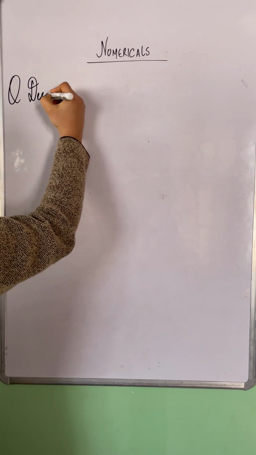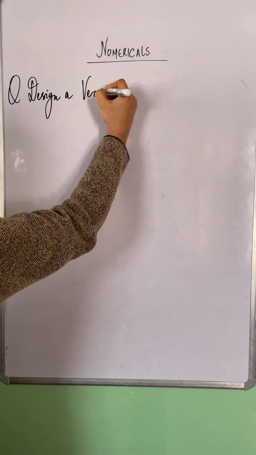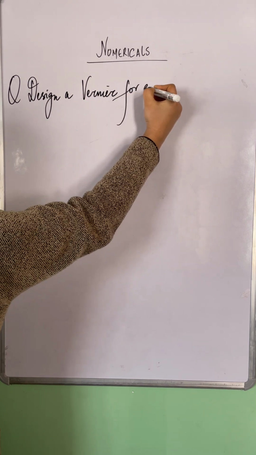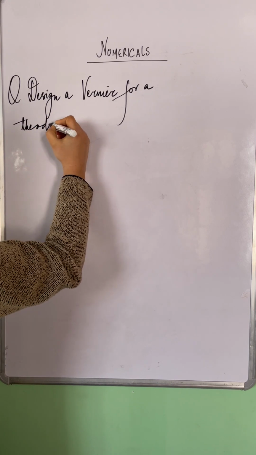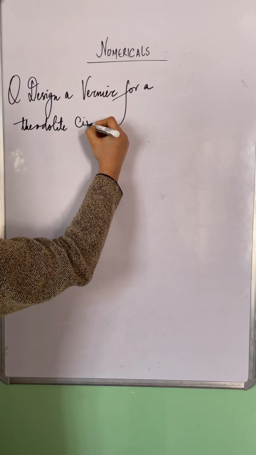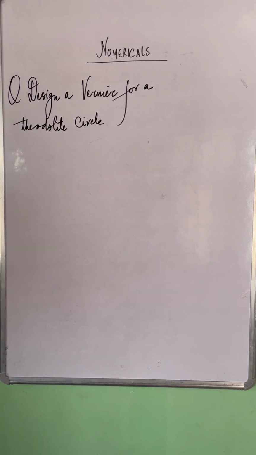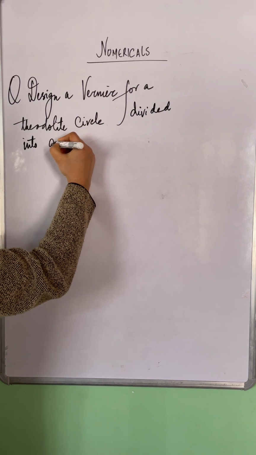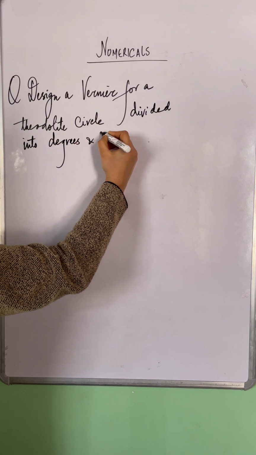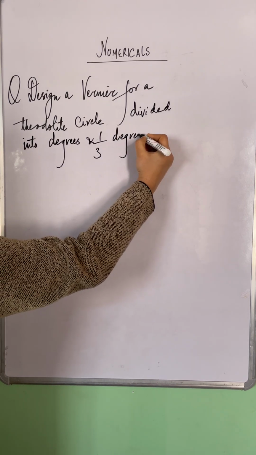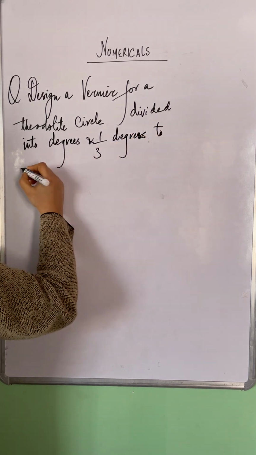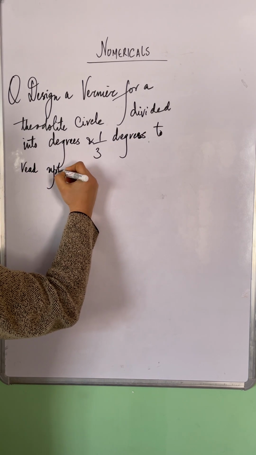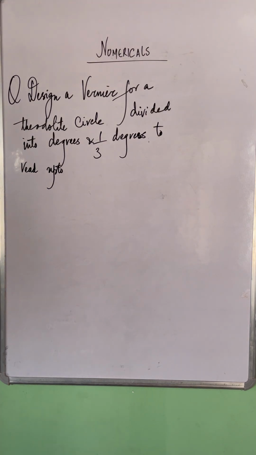Next one is, design a vernier for a theodolite circle divided into degrees and 1/3 degrees to read up to 20 seconds.